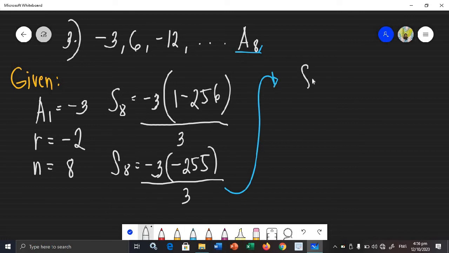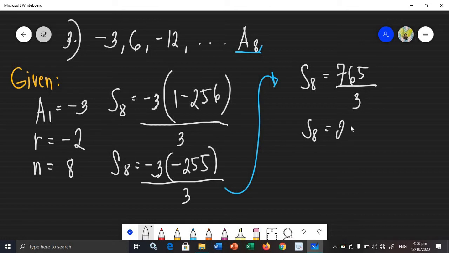So now we have S sub 8 is equal to negative, multiply na natin yung numerator na negative 3 times negative 255. The answer is 765 all over 3. Okay? So simplifying this, we need to divide 765 by 3.